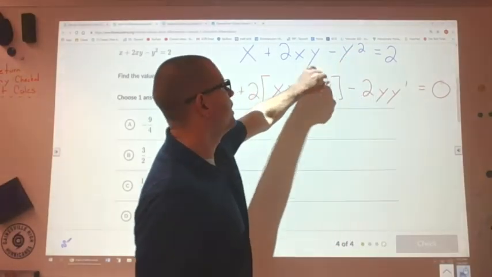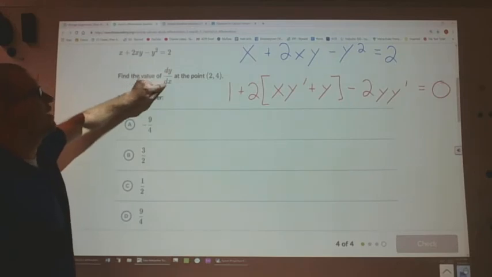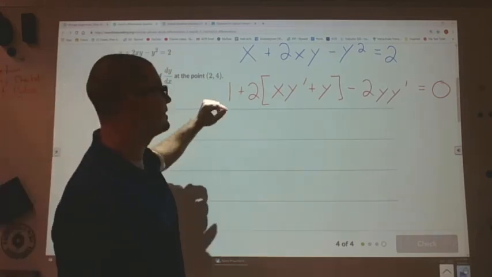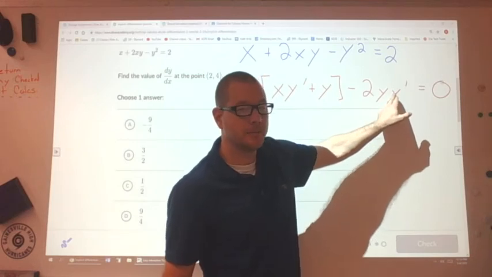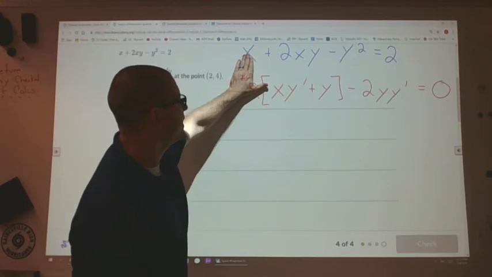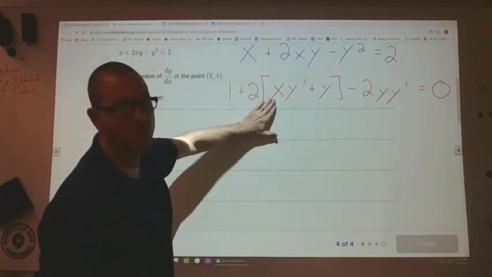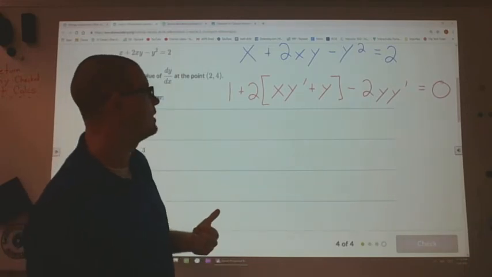Notice, for the variables that are not in the denominator of my derivative expression, dy over dx, I add y prime to indicate that derivative. But for x, the derivative of x with respect to x is dx over dx, which is 1. So we don't have to worry about it. But normally it would also be there.